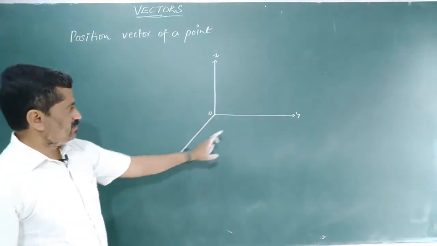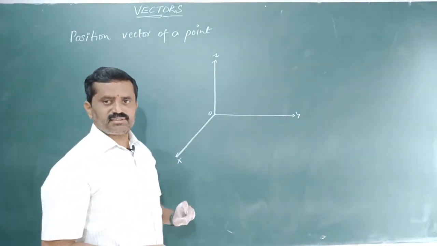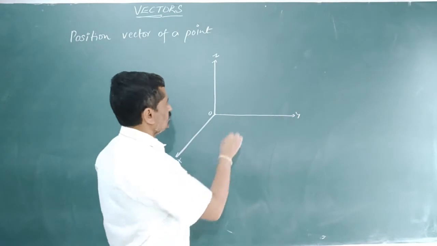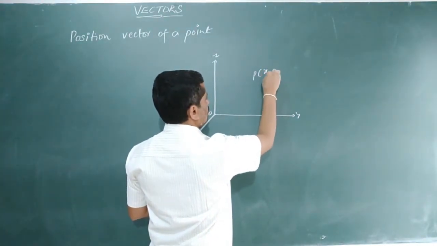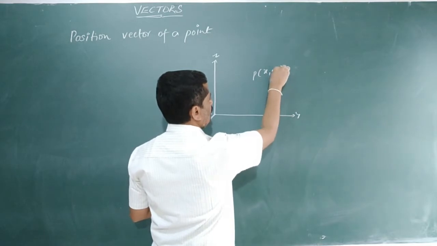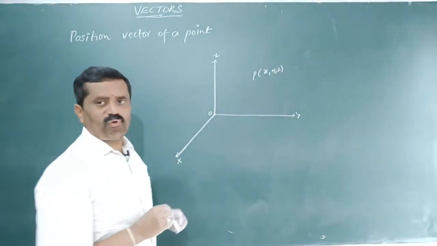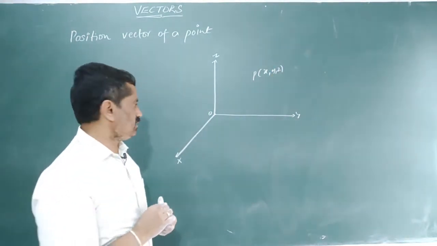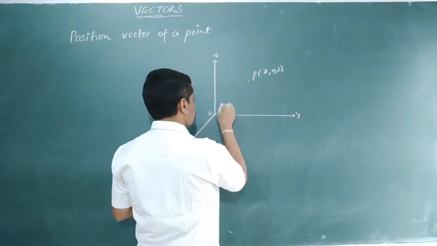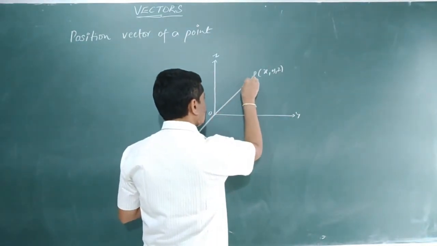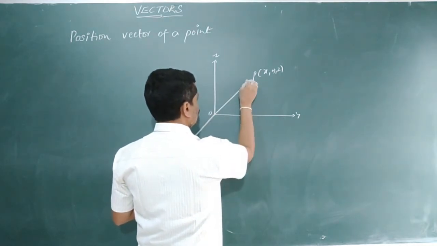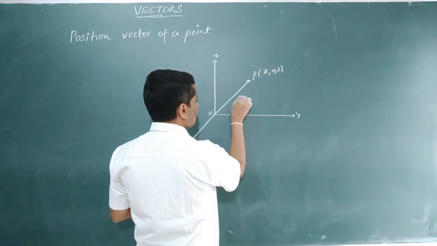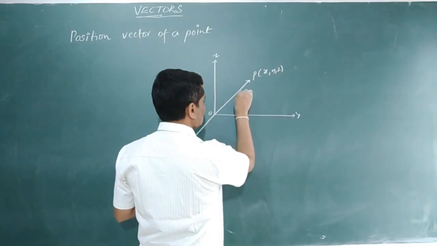Let P of x1, y1, z1 be any point, whose direction is from O to P, and usually this is represented as r bar.